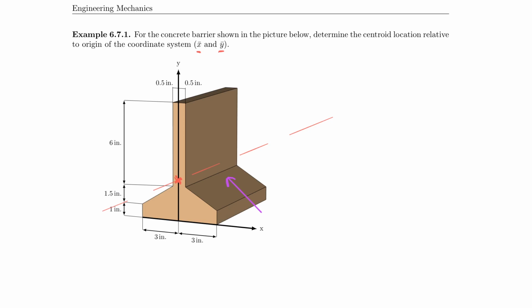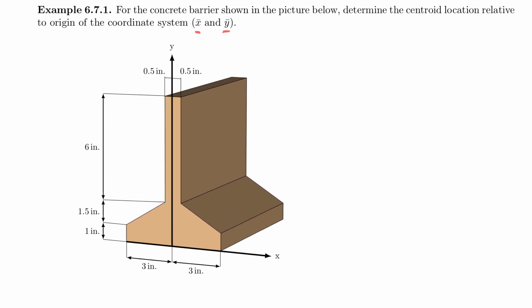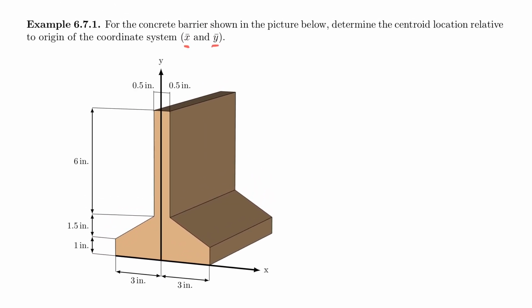But for the purpose of this problem, I will now erase all these marks on here, and I will show you how we can calculate such centroid locations for a fairly simple shape. In fact, let's talk about the shape first. Let me zoom in here. So I first, remember, have to discretize the shape into shapes of known geometry.